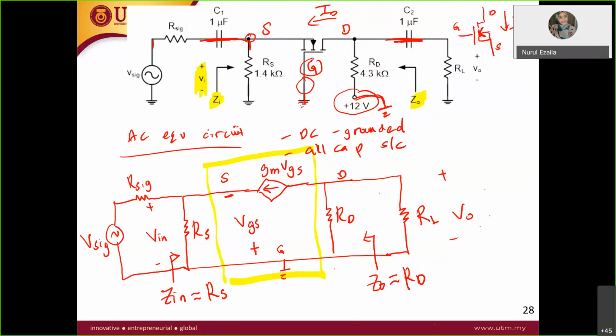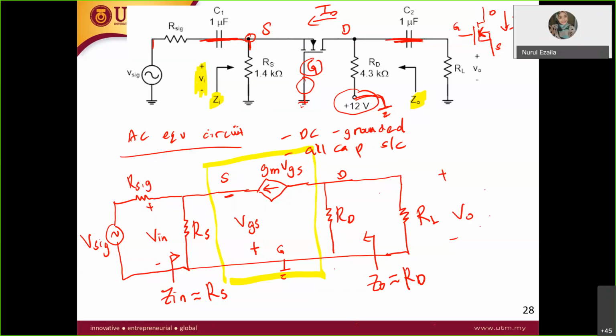All right, so Z in is equal to the RS. But I think for this one, Z in is, oh, in common base we have like 1 over GM, right? Can you go back to where I derived common base, common gate?